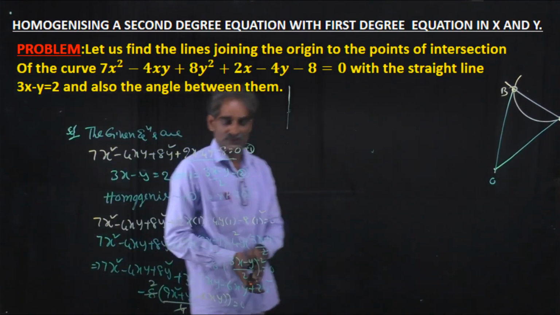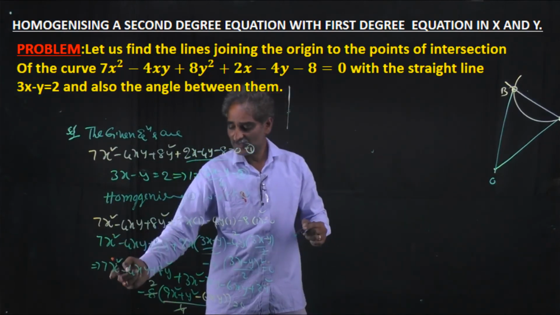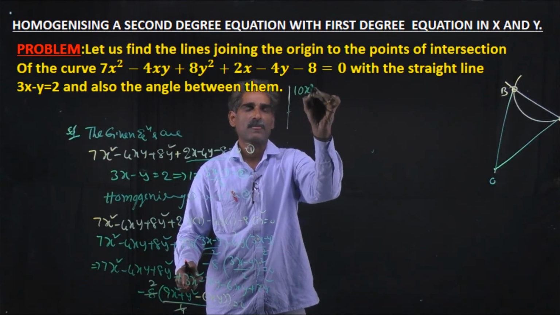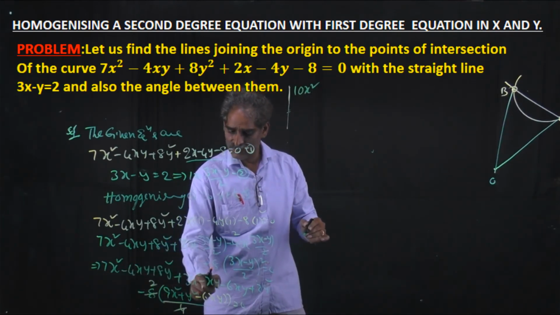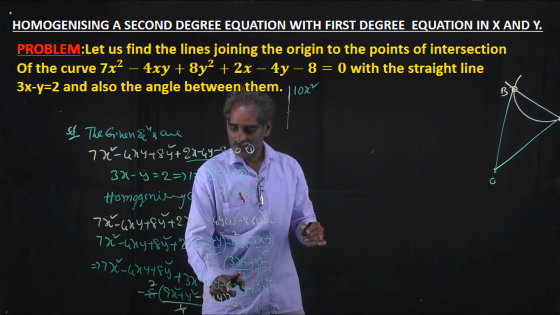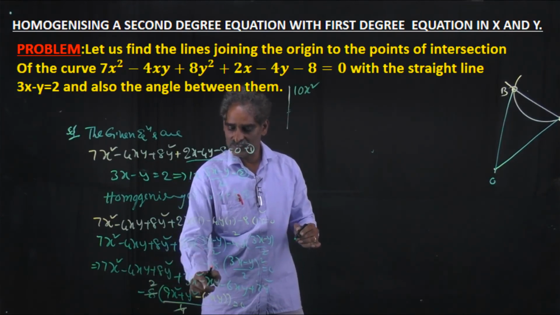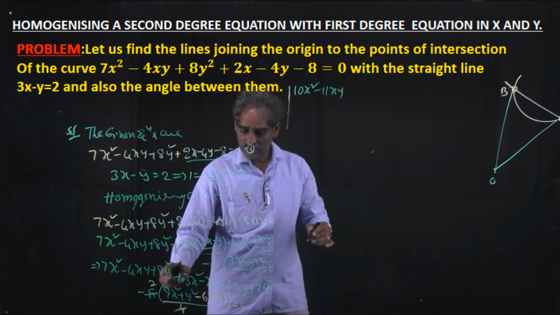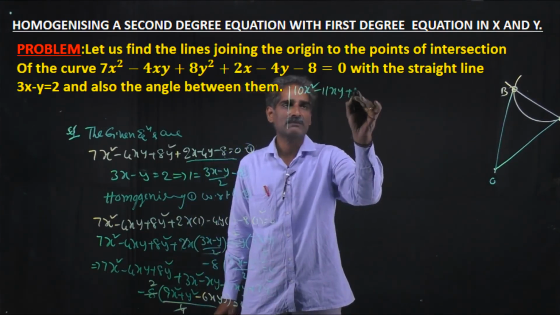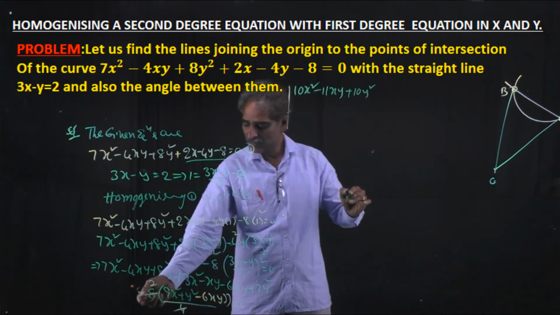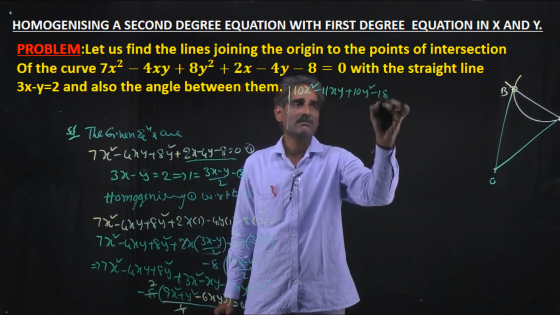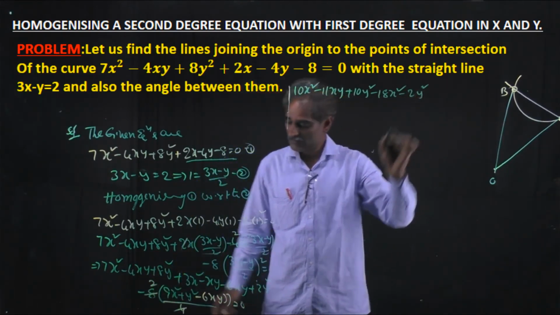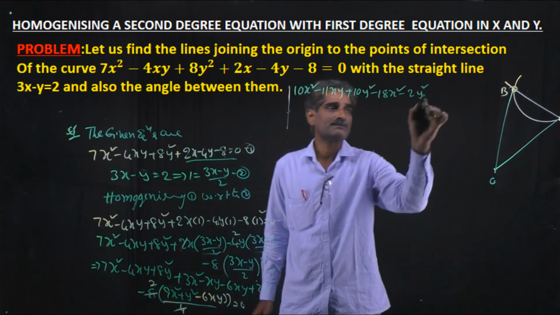Just to simplify this equation, 7x square plus 3x square, 10x square. Then minus 4xy minus xy minus 6xy, minus 4 minus 6, minus 10, minus xy, minus 11xy. 8y square plus 2y square, 10y square. Just multiplying by minus: 18x square, minus 2y square, plus 12xy.